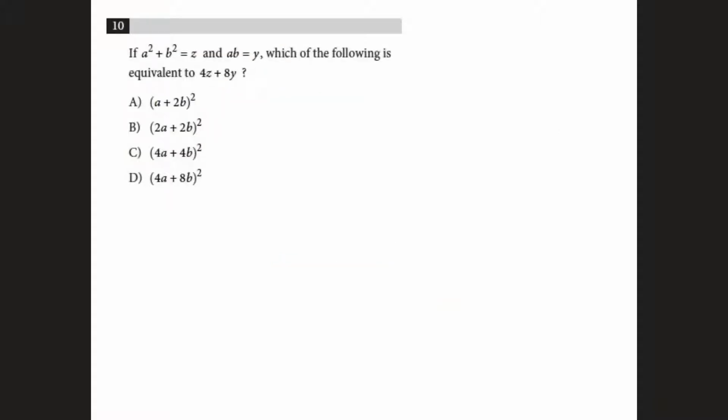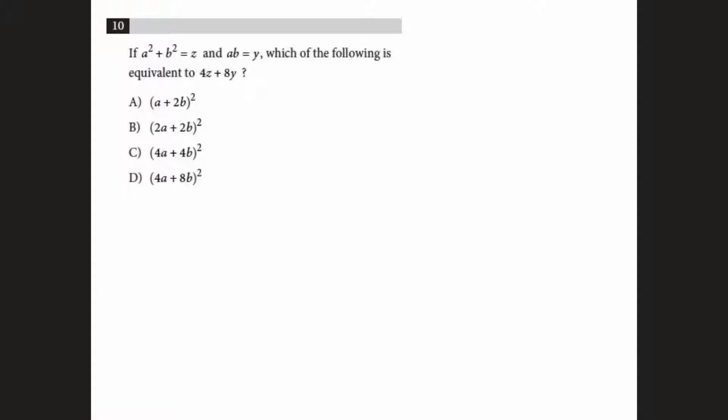Okay. If a squared plus b squared equals z and ab equals y, which of the following is equivalent to 4z plus 8y? Well, let's figure out what 4z would be.